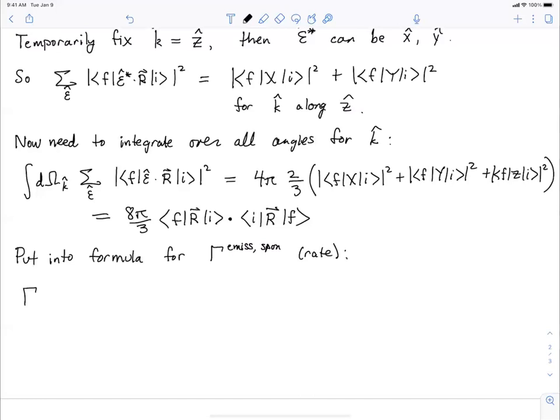And we get, for I goes to F plus h bar omega, a relatively simple formula: 4 times the fine structure constant, omega cubed over c squared. Omega we're going to know because it comes from the difference in energy between the two states we're talking about. And then we just have to calculate this thing.